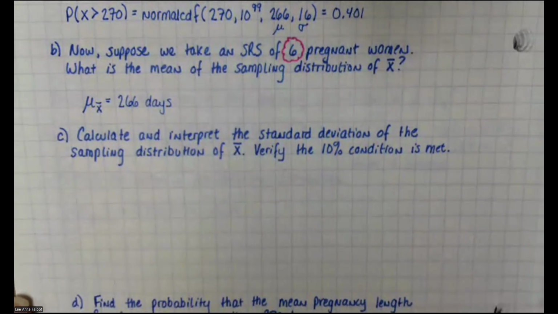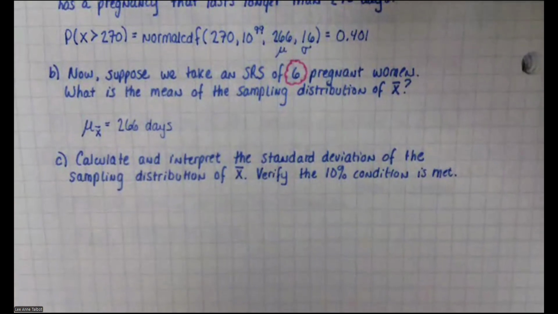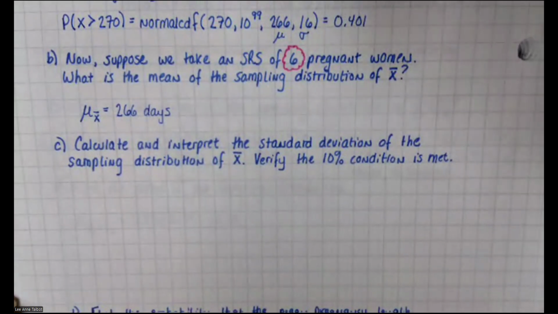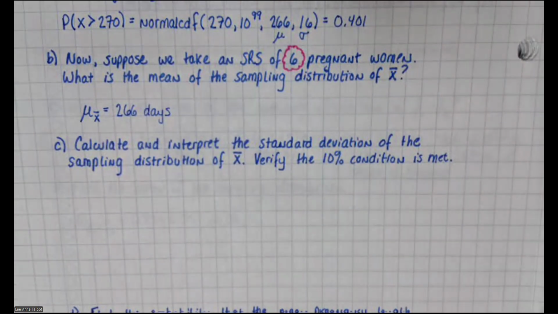Okay, notice I left a chunk of space because we have 3 things to do, right? What are the 3 things we have to do? 10%, calculate, and then your favorite.